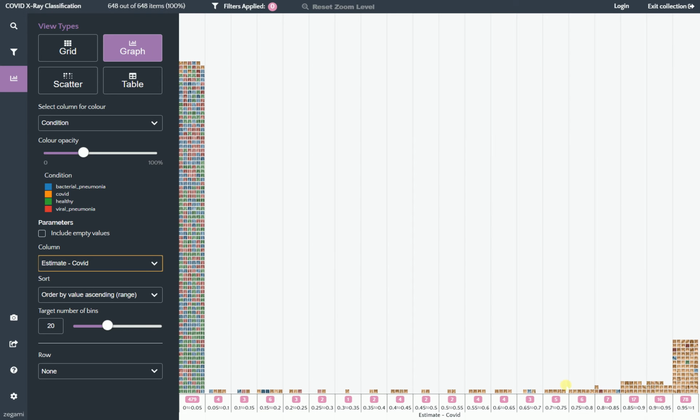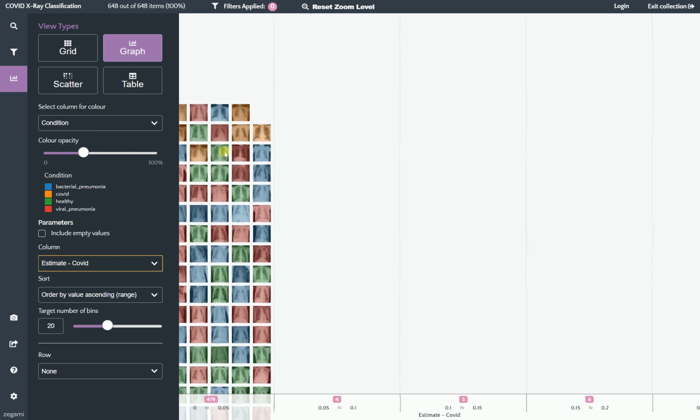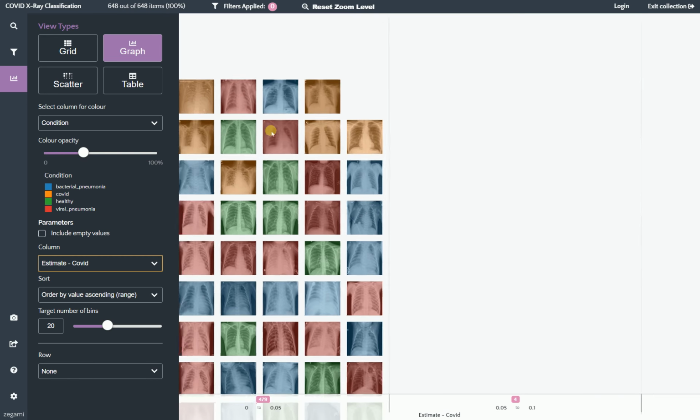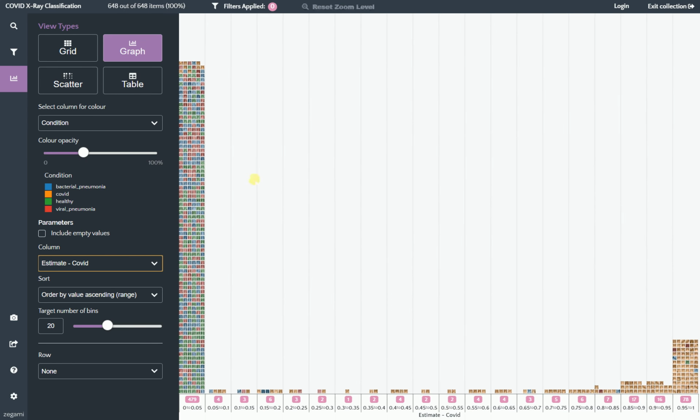As it comes over here, you can see non-COVID ones falling there. You do get a few COVID ones, and we estimate we've got about a 70% correct prediction. And again, you can look at why these were misclassified.